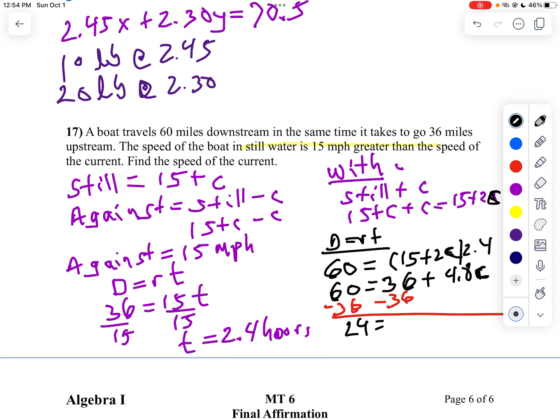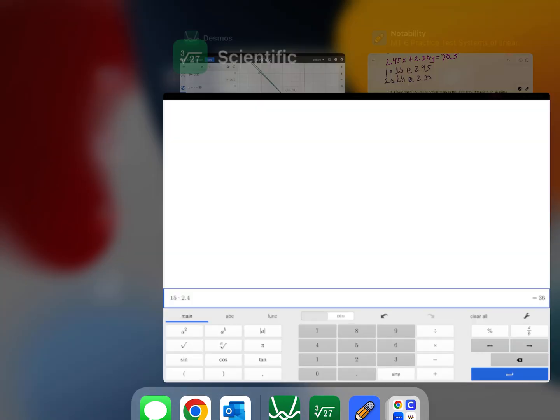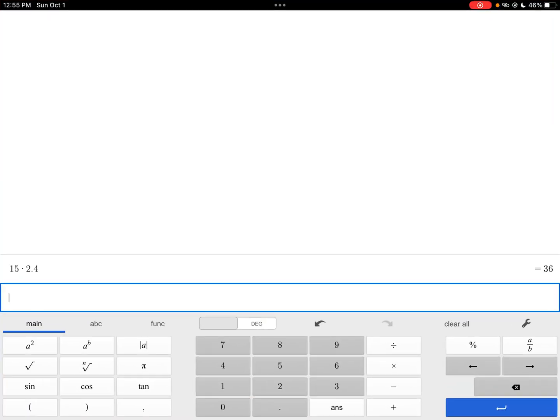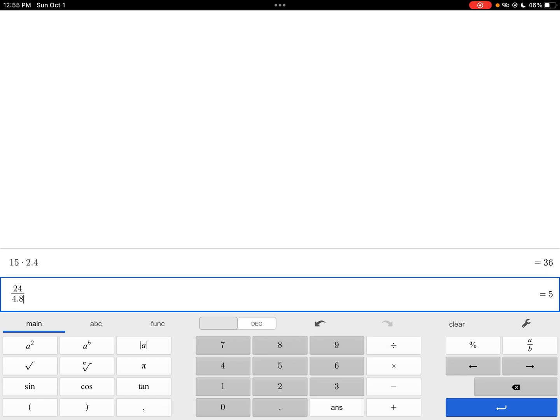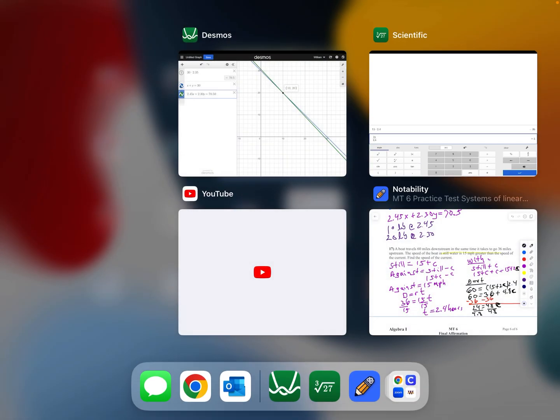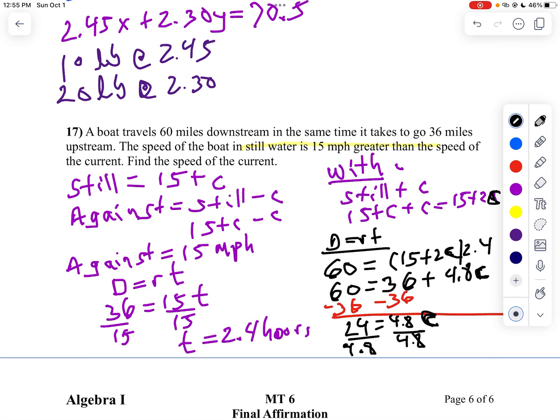So 24 equals 4.8C. So to solve for C, I'll divide both sides by 4.8. So 24 divided by 4.8. And 5. So C is 5.